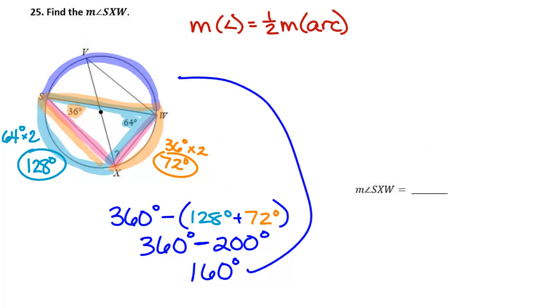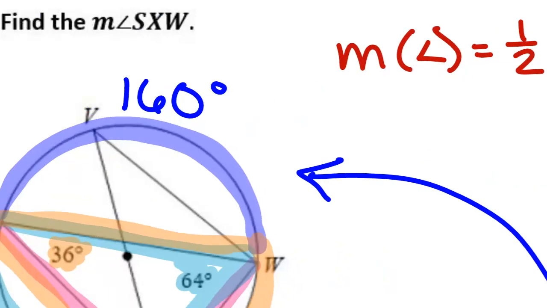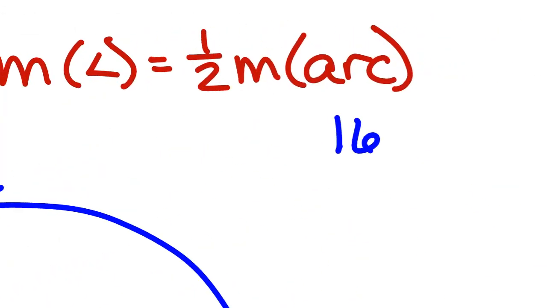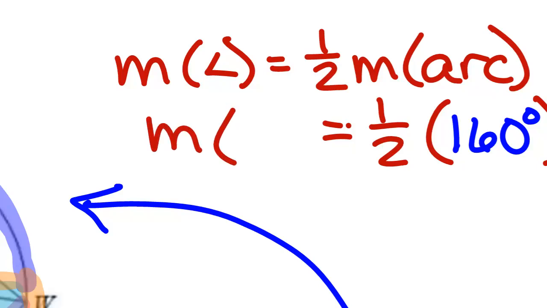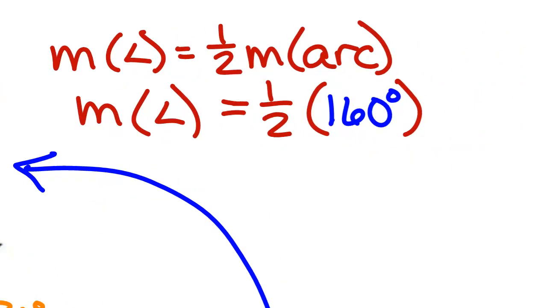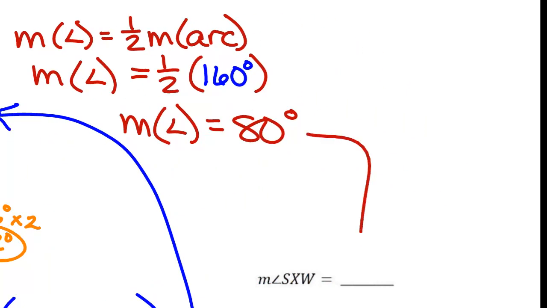So that's this arc up here. So I can plug in 160 degrees for the arc. And I need half of that for the measurement of my angle. What is half of 160? 80. So that angle is 80 degrees.